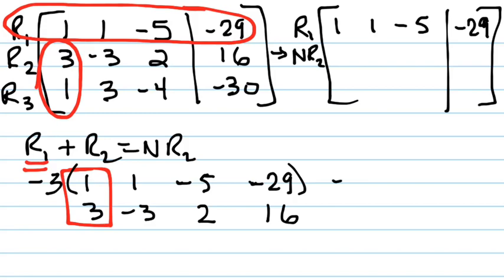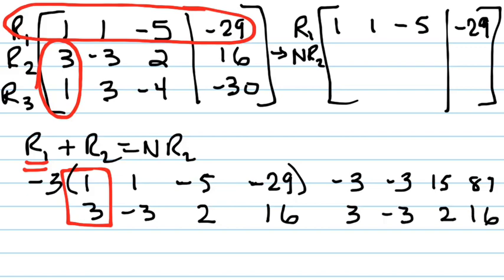Negative 3 times 1 is negative 3. Negative 3 times 1 is negative 3. Negative 3 times negative 5 is 15. Negative, sorry. Yes, the numbers sometimes get big. Negative 3 times negative 29 is going to give us a positive 87. But you saw a while ago, they divide down a little bit. Now this one we didn't need to change at all, so it just comes over as exactly the same numbers.